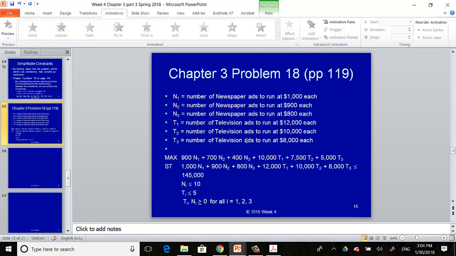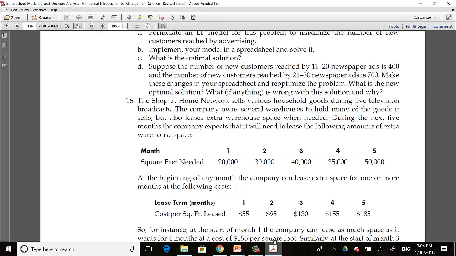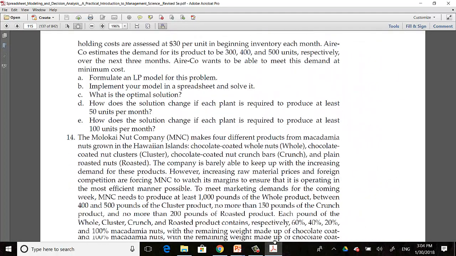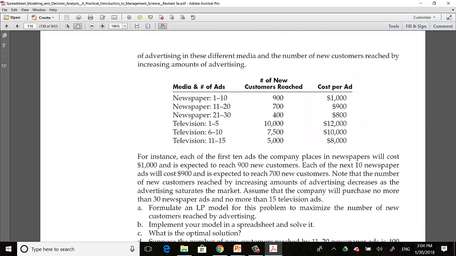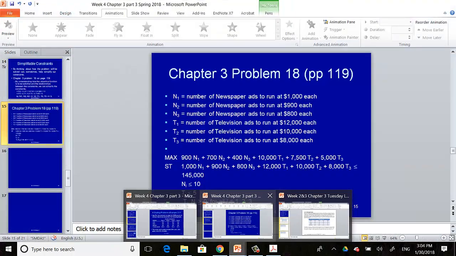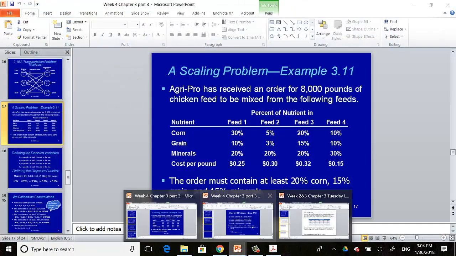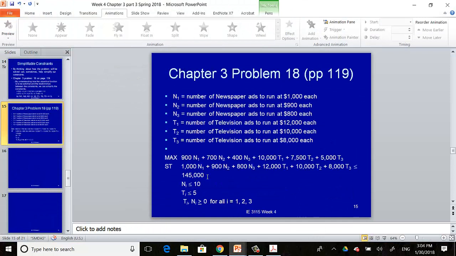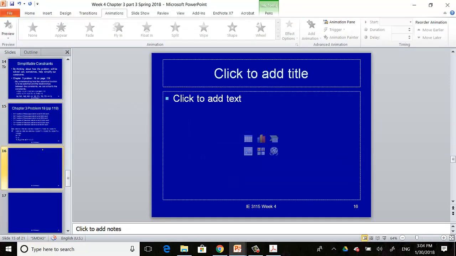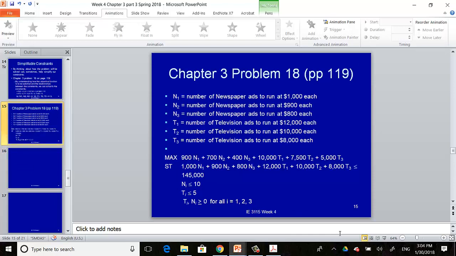When you... let me go back to the problem here. When you look at this table here, or let's look at our objective function. Oh, did I just discard my notes? Okay.